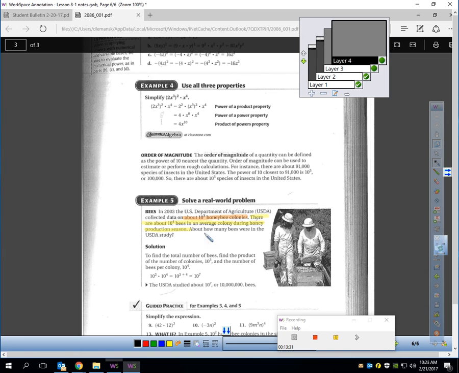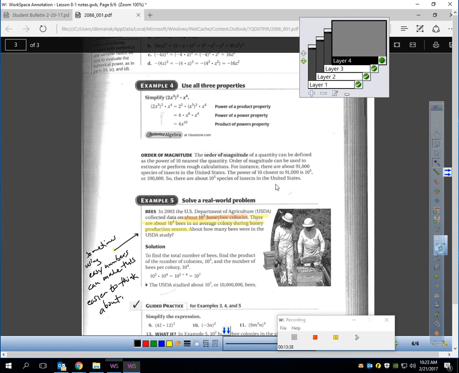Now, sometimes these problems can be complicated because the numbers are so big we have a hard time picturing them. In that case, sometimes it's better to use easy numbers to make this easier to think about. So let's get rid of 10 to the third and 10 to the fourth for a minute.